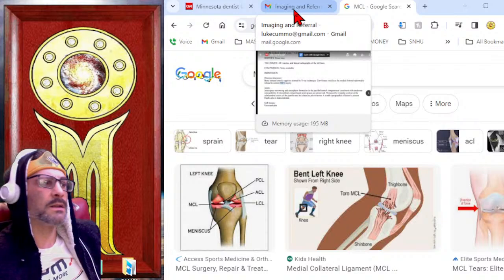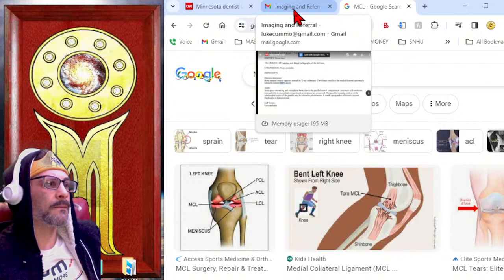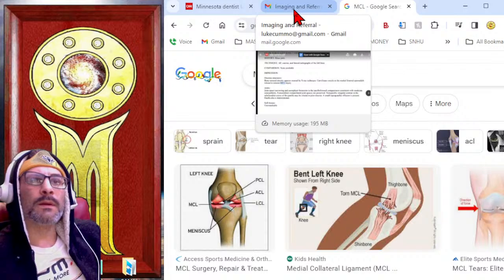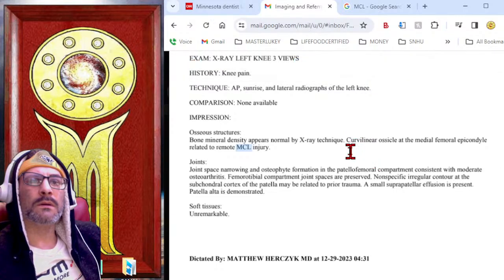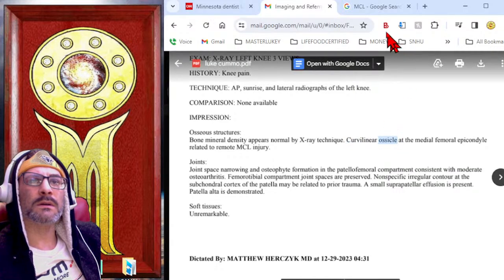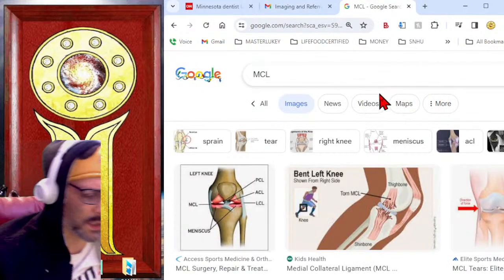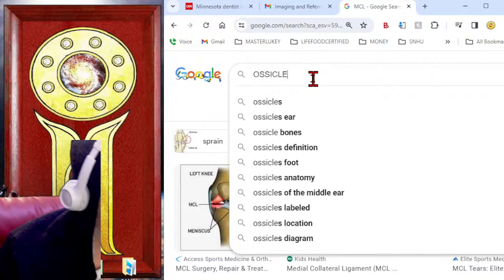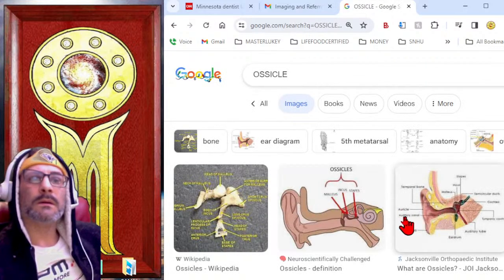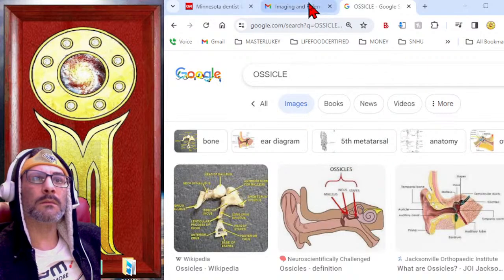So because my knee's dislocating, the bones are curvilinear. Okay, so that's another word for curve, right? Ossicle. What's an ossicle? Okay. Bone. Okay.